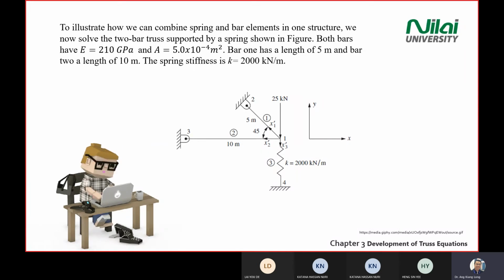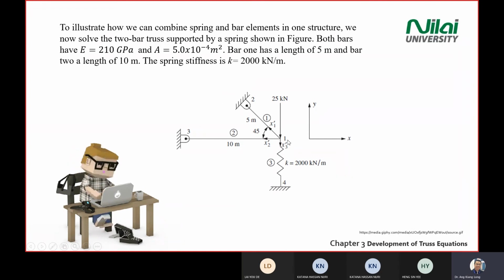So if you look at the screen, you will have 3 elements. Element 1 connecting point 1 to point 2, element 2, 1 to 3, element 3 connecting point 1 to 4, and the axis now back to the normal. So x is to the right, y is vertical.